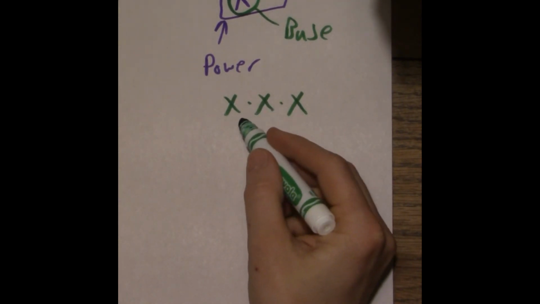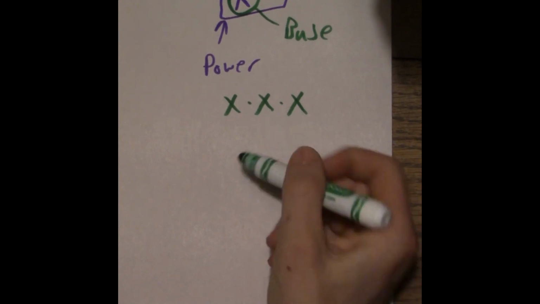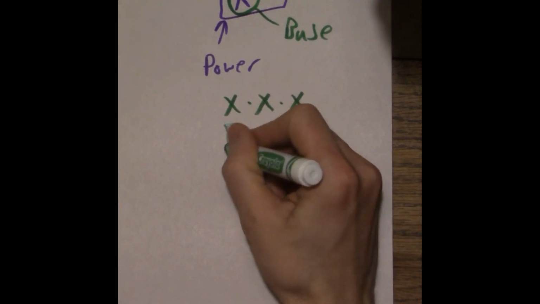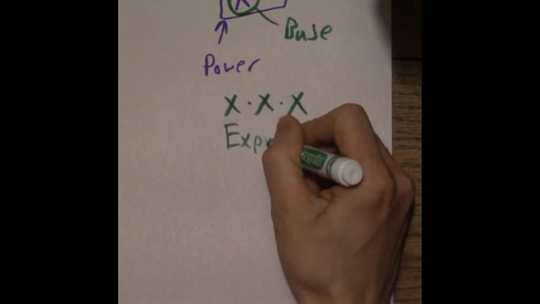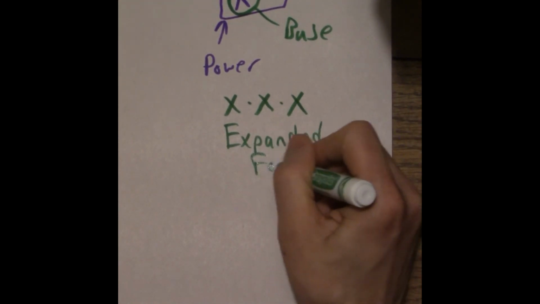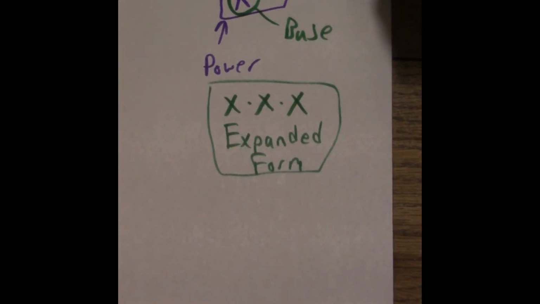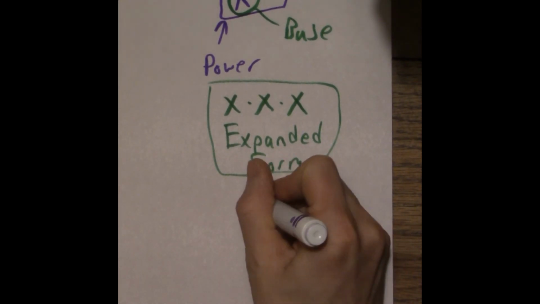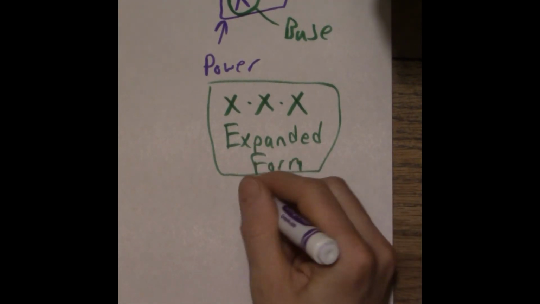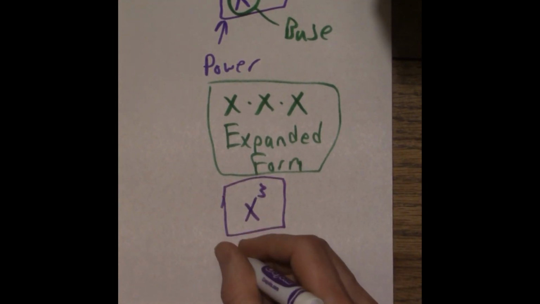When you write out the exponent like this, where we go x times x times x, we call that expanded form. And when it's written out as x to the third, as it was previously written, that is called exponential form.